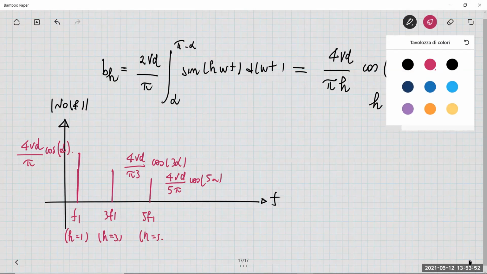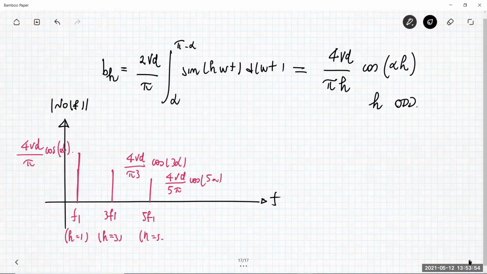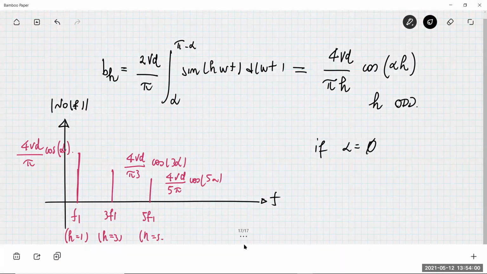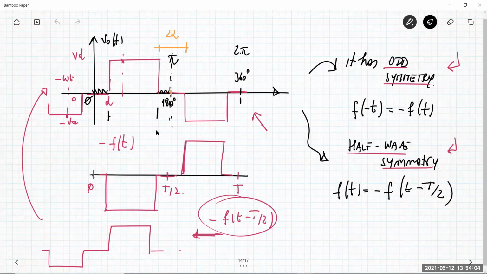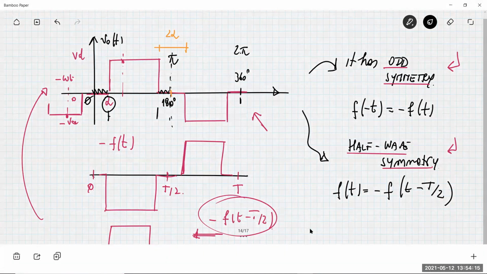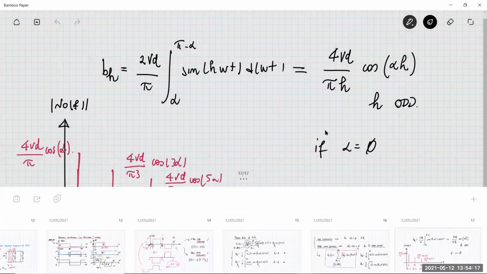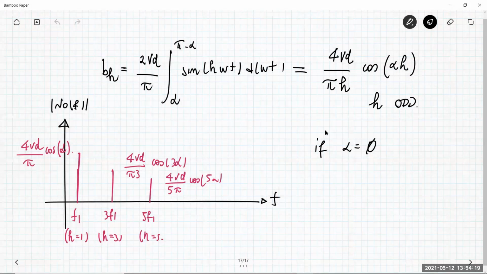So the first consideration looking at this waveform: if alpha is null, what happens to my waveform? If alpha is null, this angle does not exist, and so I have exactly the square wave inverter previously commented. So my description here also includes the square wave.